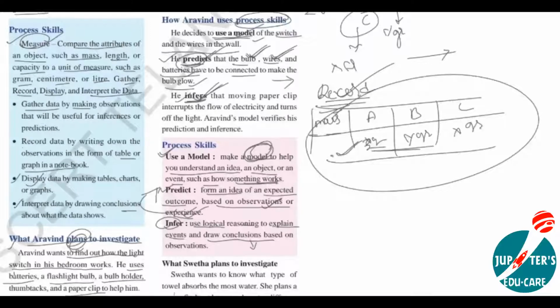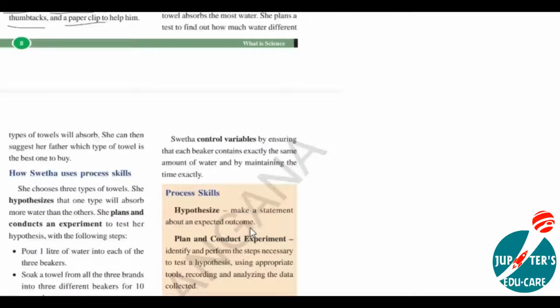One more experiment, Sweta's experiment. Sweta also wants to investigate something about towels. Let us see Sweta's experiment. What does she want to do? Sweta wants to know what type of towel absorbs the most water.